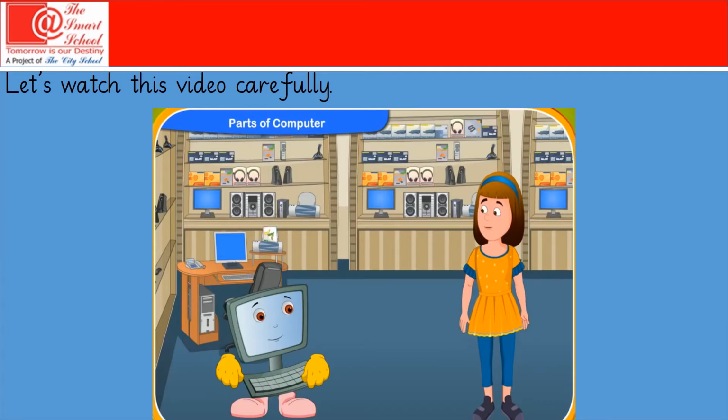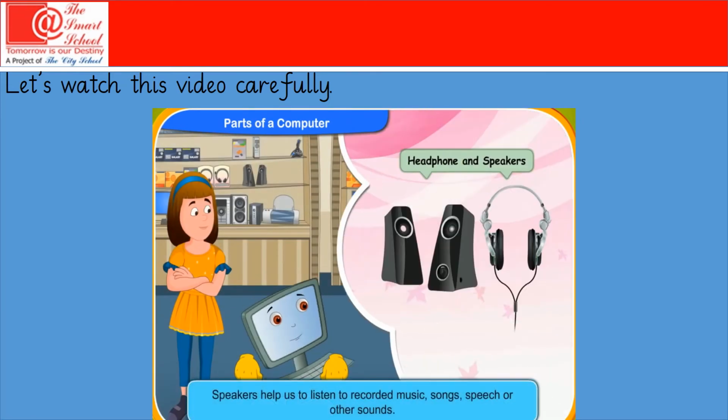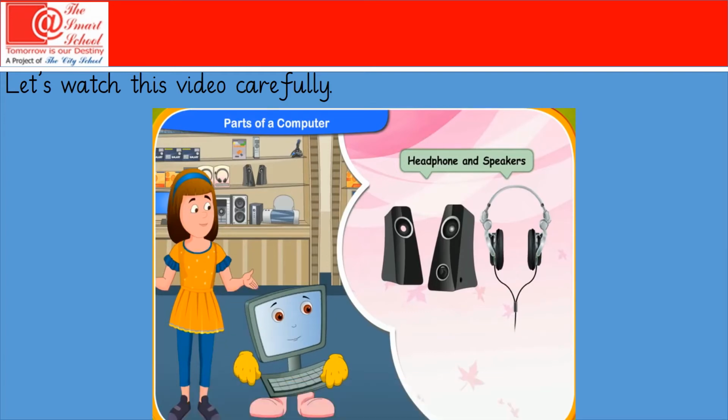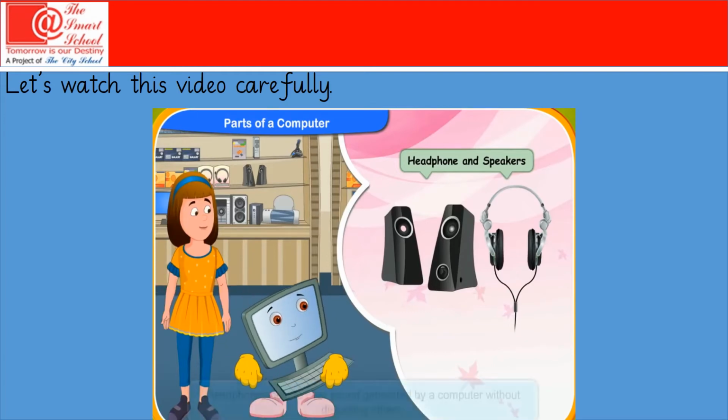Now, can you tell me what all those devices are used for, Kliko? Sure, Rennie. These are the speakers. They help us to listen to recorded music, songs, speech, or other sounds. And these? They are headphones.